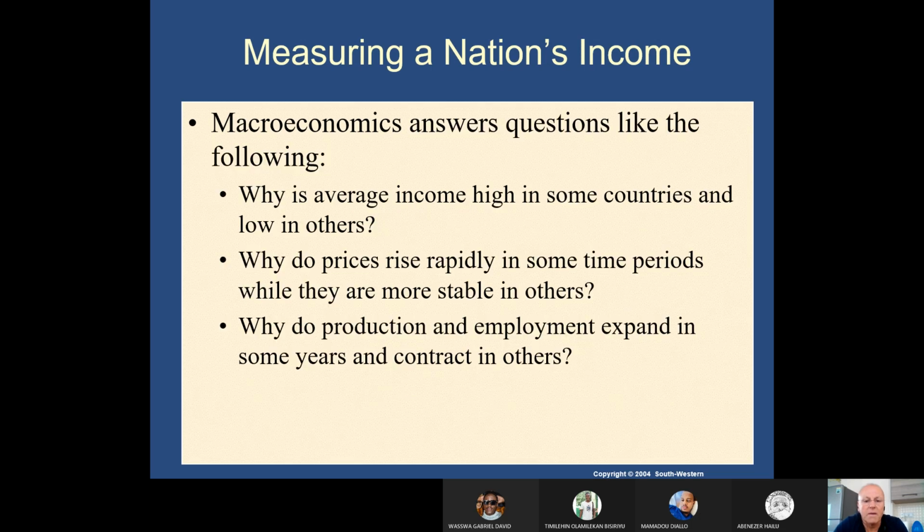Macroeconomics answers questions such as why the average income is high in some countries and low in others. National incomes and average incomes depend on the amount of GDP, which is the amount of goods and services produced in a year.